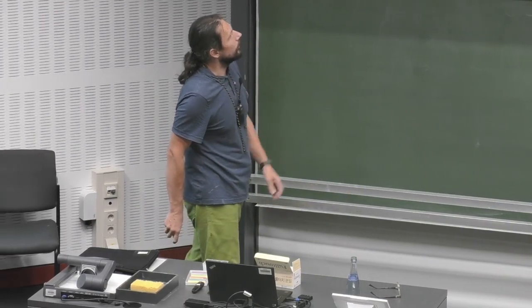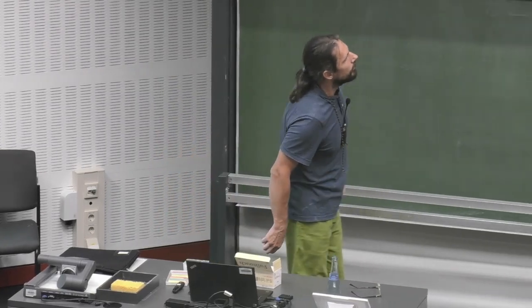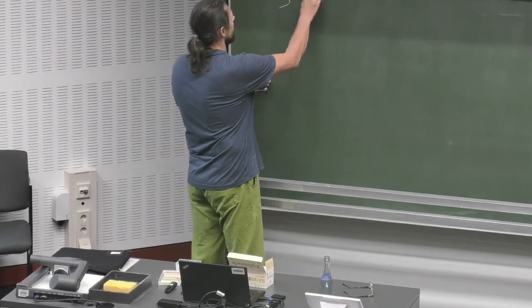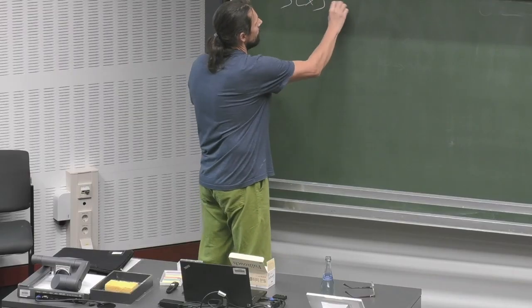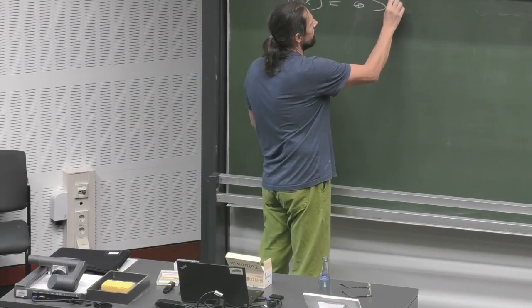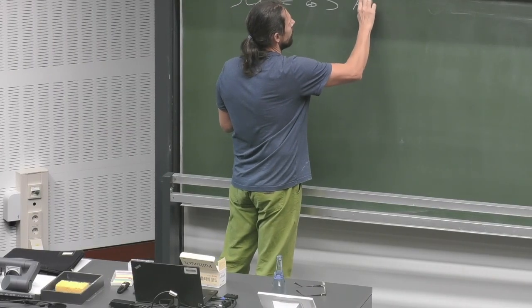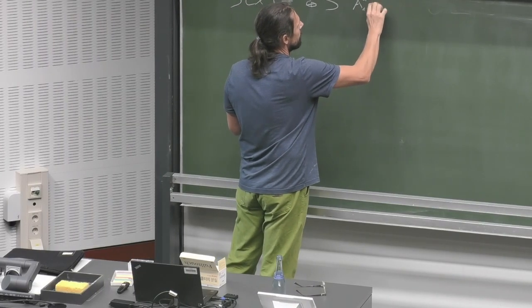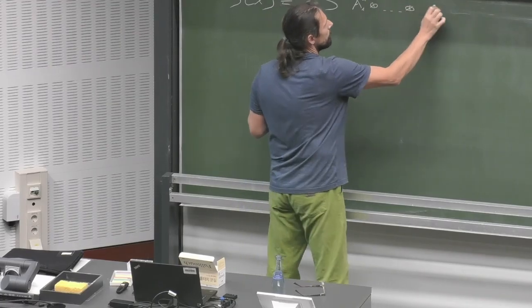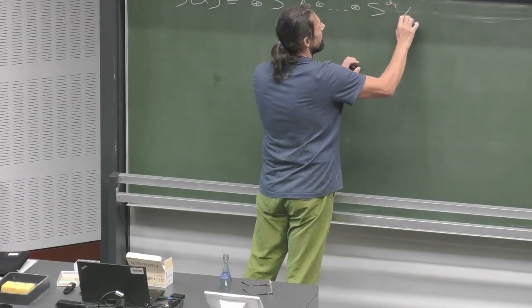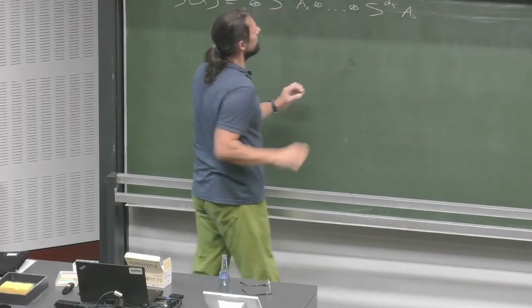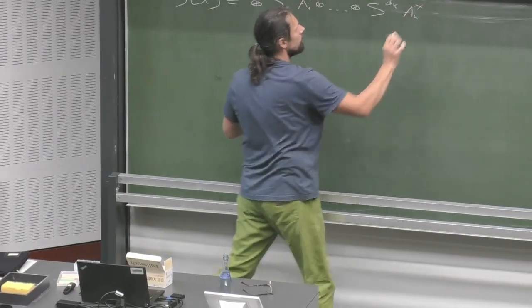Right, so now I have this coordinate ring S(X), which is the direct sum of S^{d1}A1* tensor through S^{dk}Ak*, without brackets but with star.